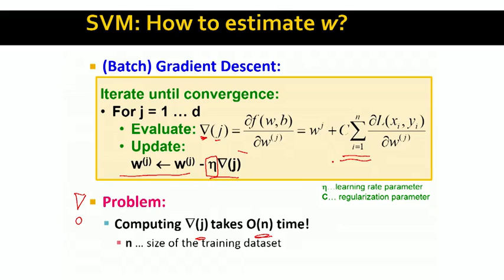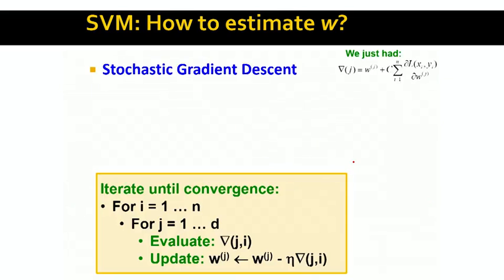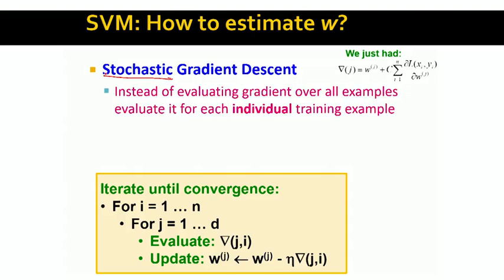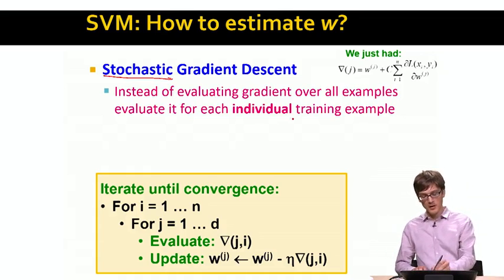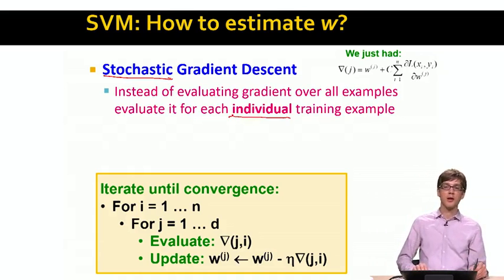So our next question will be, how do we speed up this method? In order to speed up this method, we will use what is called stochastic gradient descent. Before, we were just talking about gradient descent, or what is also known as batch gradient descent. Now we will use the idea of stochastic gradient descent. The idea is that instead of evaluating the gradient over all the examples in our data set, we will simply evaluate the gradient at each individual example.